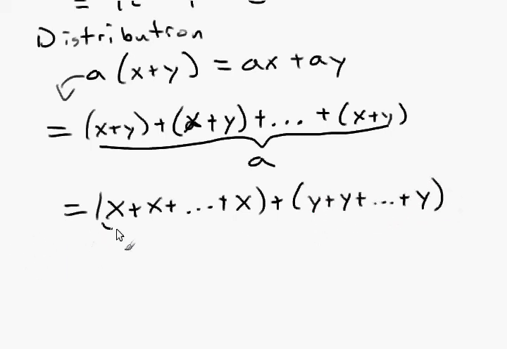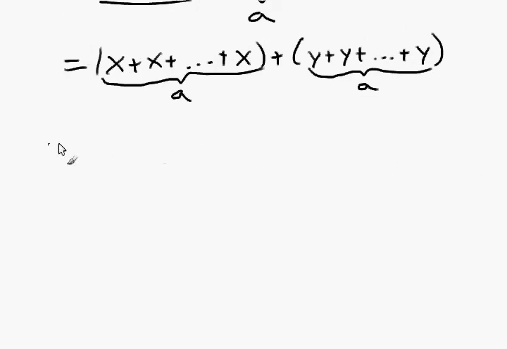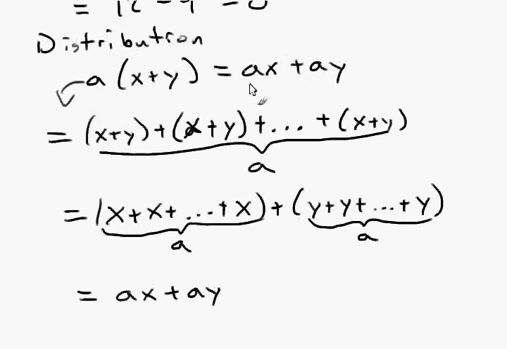And we're going to have a of these and a of these, which is ax plus ay. Hey, that's exactly what we said it was going to be.